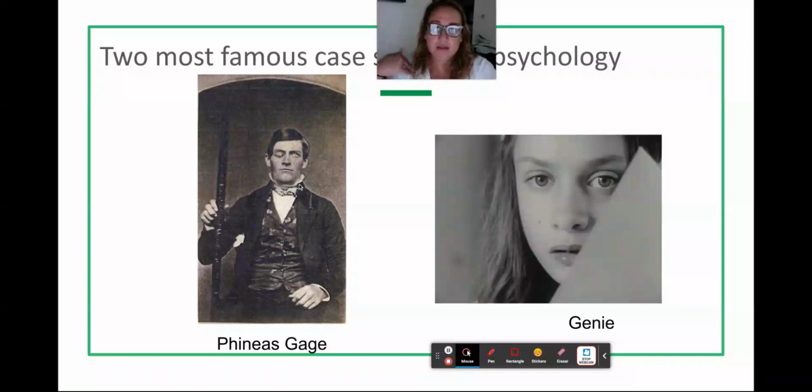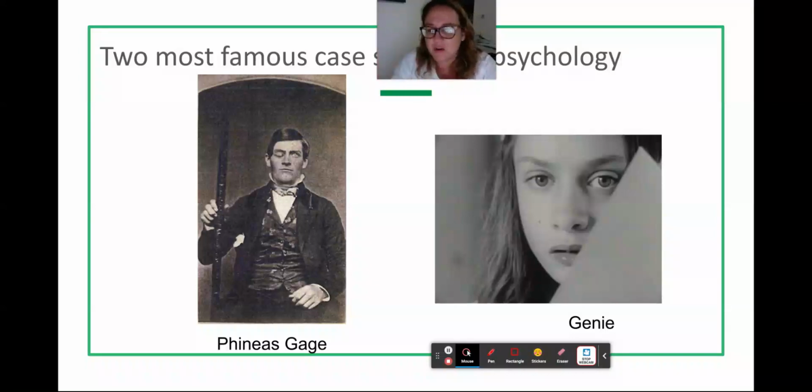But after the accident, they did research, a case study on him, because his behavior and personality changed so drastically. So then they started doing more research, right? From this one guy with a distinct characteristic, to see what's going on in that part of the brain that has affected his personality and his behavior so much.